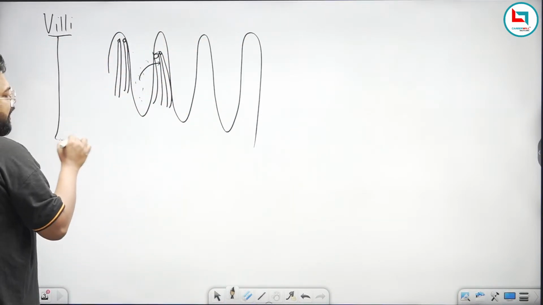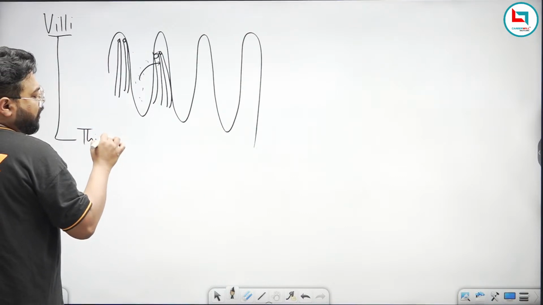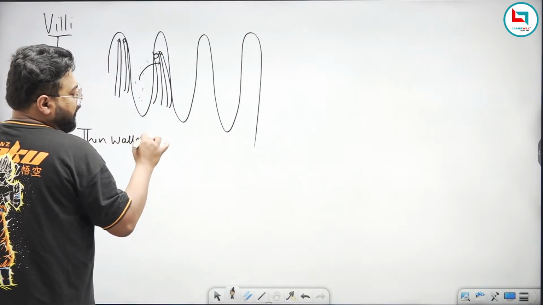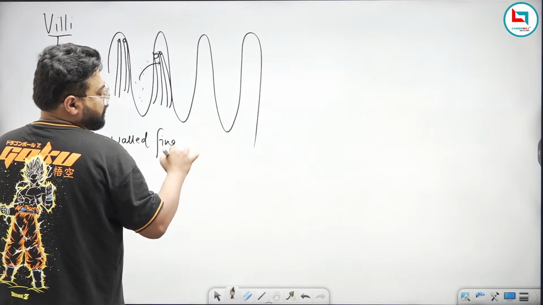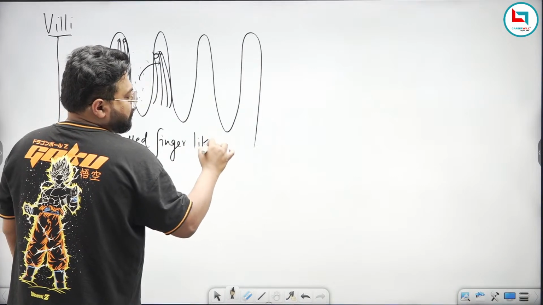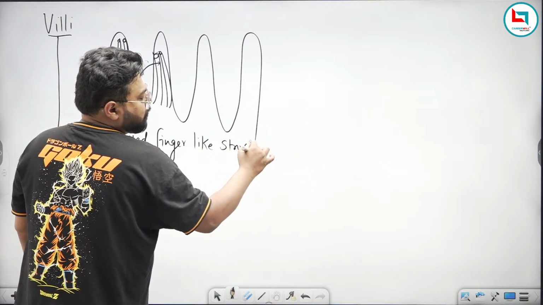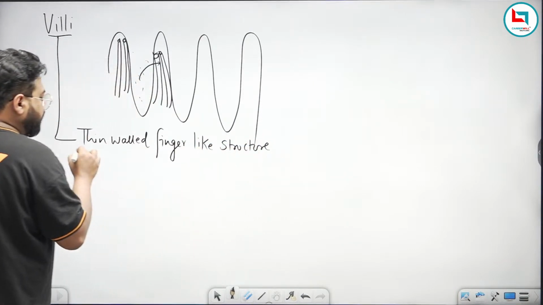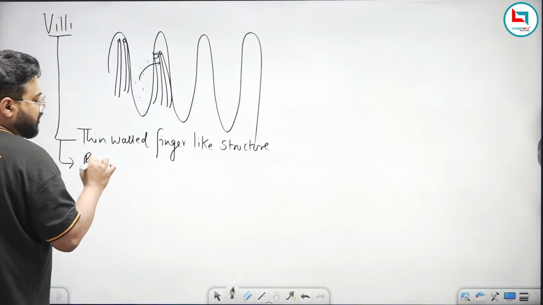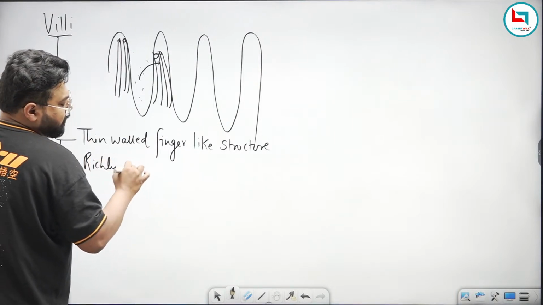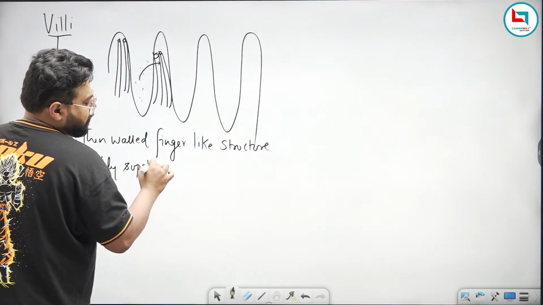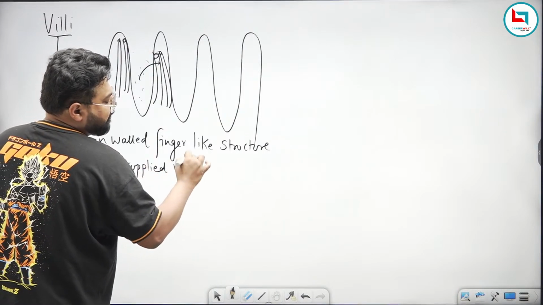So what are villi? Villi are thin-walled, finger-like structures which are richly supplied with blood vessels.